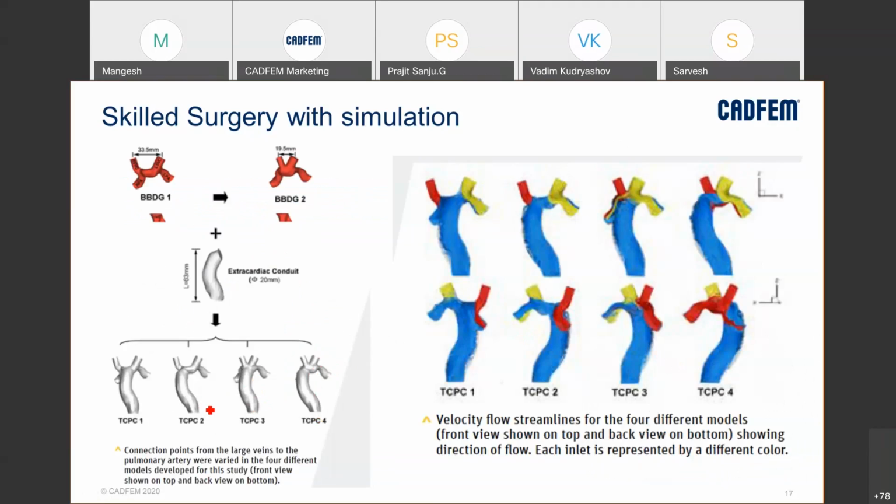But once you have this, due to the advancements, we are able to come up with scan data, and then develop faceted data and come up with such models. We can perform this analysis of the flow, and you can see on the right side the velocity flow streams for these four cases. With this information from CFD, one can decide which one is better, right?